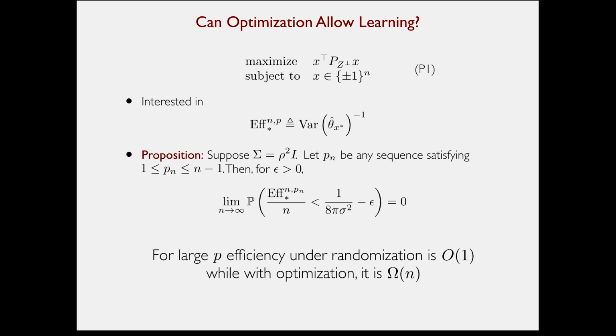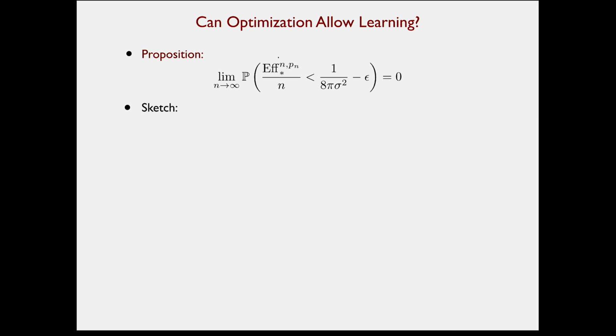So for large P, where P is n minus 1, as large as it can be, the efficiency under randomization is order 1, so you don't learn. And with optimization, it's omega n. This is a very sharp example. In reality, you'd imagine it's going to be weaker, but it brings out this difference between optimization and pure randomization.